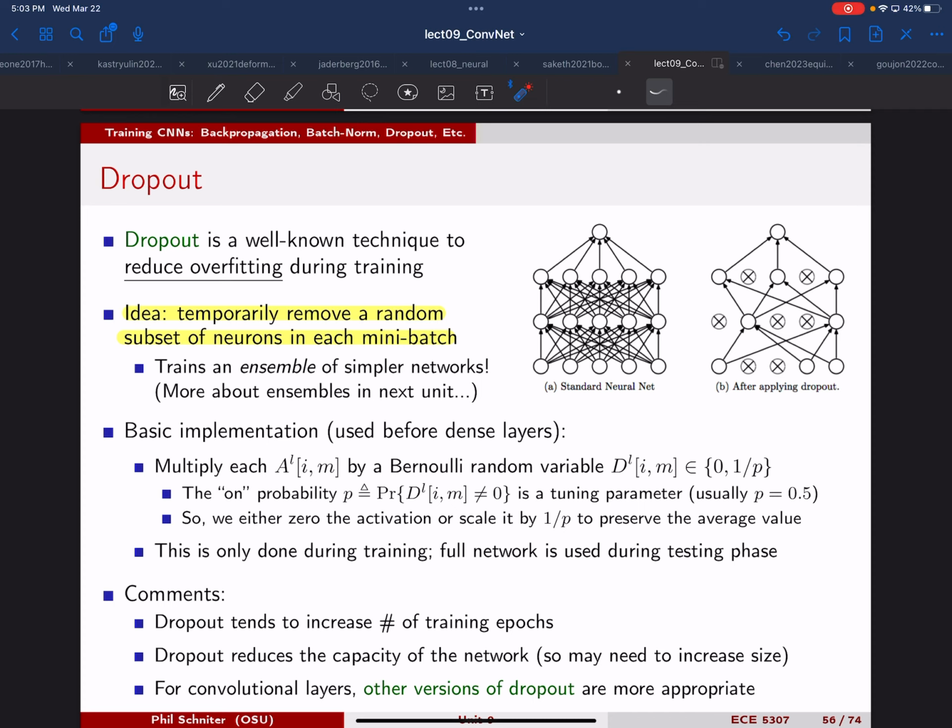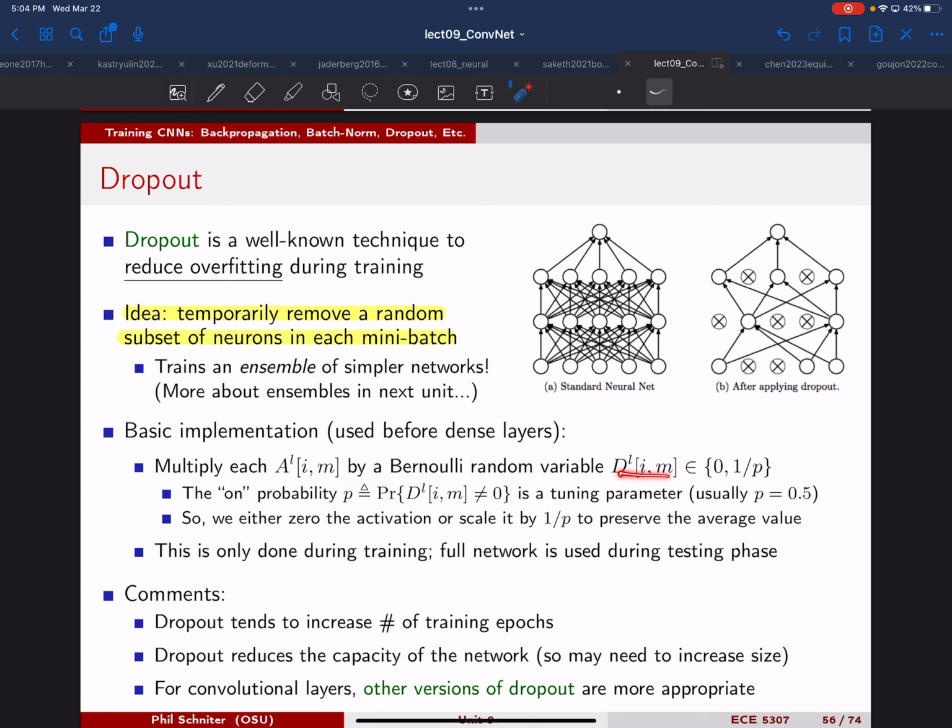The basic way that this is implemented, and this is something that we do before dense layers, but you don't want to do this before convolutional layers because it's specific to dense layers. You take each of your activations, this is the activation for layer L, channel M, batch index I. You multiply it by a Bernoulli random variable, in other words, something that's 0 or non-zero.